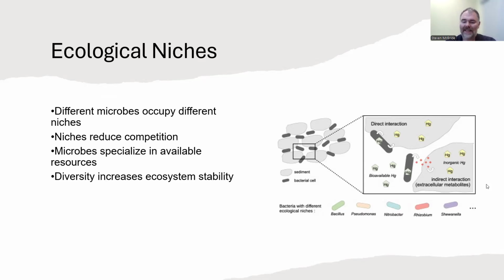By specializing in these different resources and conditions, microbes reduce direct competition with one another. This specialization allows many different microbial species to coexist within the same environment. And that diversity increases ecosystem stability because different microbes contribute different functions to the system. In many ecosystems, microbial communities are carrying out thousands of chemical reactions simultaneously.